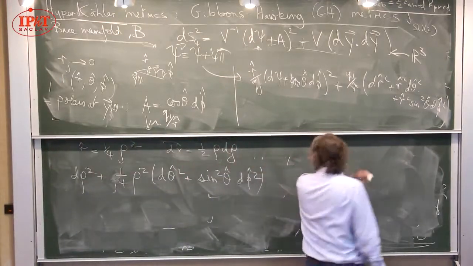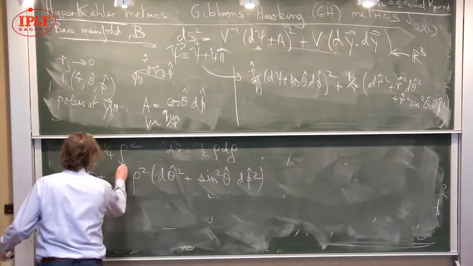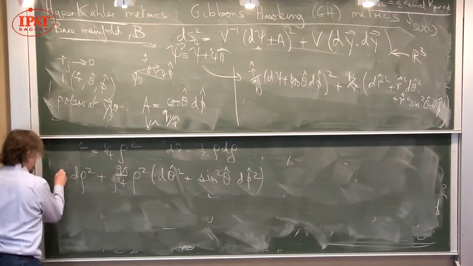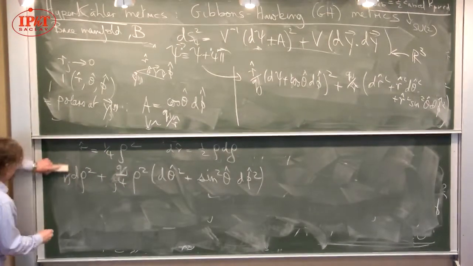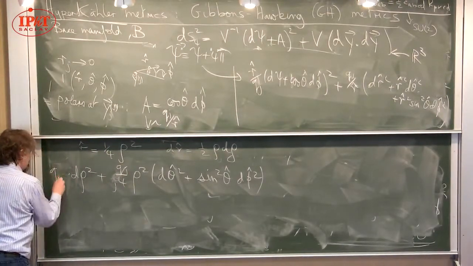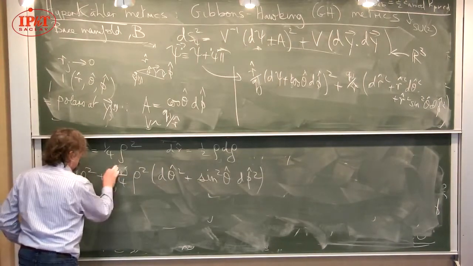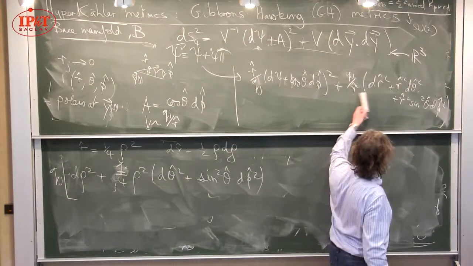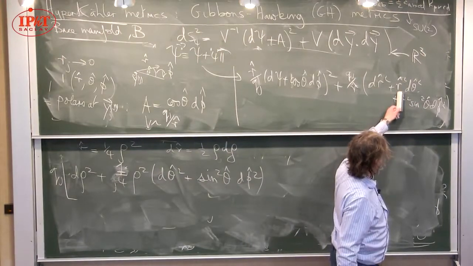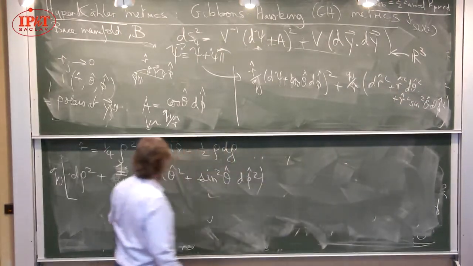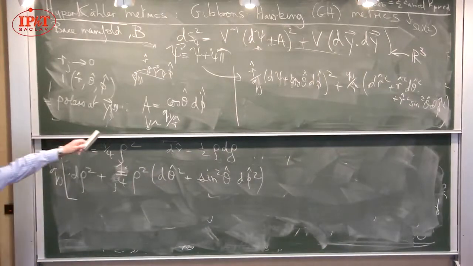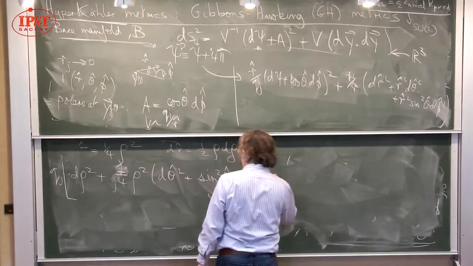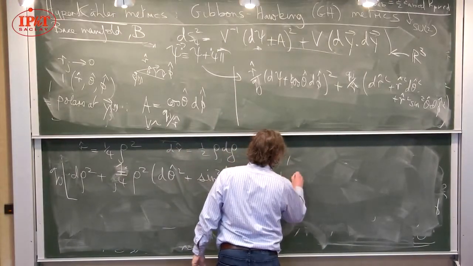This with a qj, very important, and there's also a qj here. Let me take the qj out the front. This becomes d rho squared. This becomes 1/4 rho squared. This becomes 1/4 rho squared. What I've got is that. Now the question is what happens here. You also get plus 1/4 rho squared.